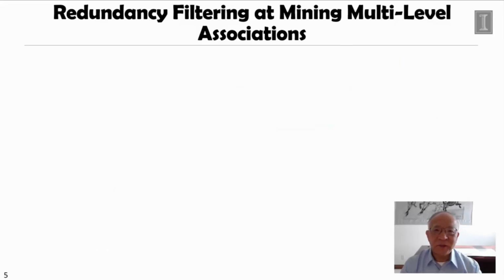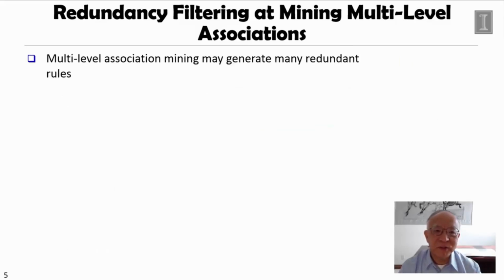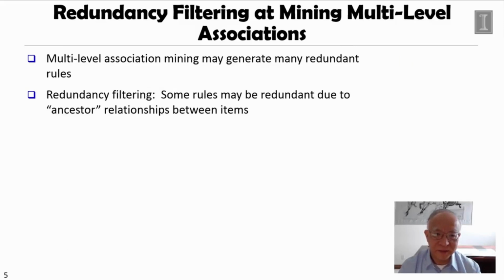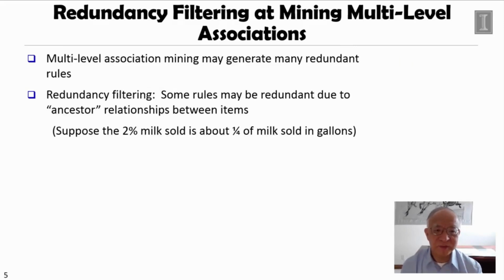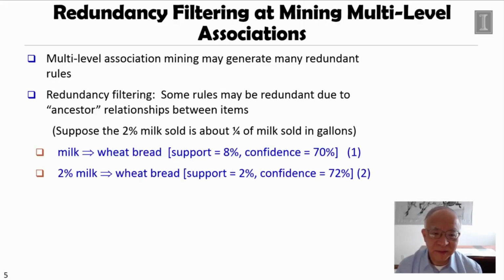So another problem for mining multi-level association rules is the redundancy, because the rules may have some hidden relationships. For example, suppose 2% milk sold is about 1/4 of total milk sold in gallons. Then, if you see these two rules, rule 1 says milk implies wheat bread with the support 8%, confidence 70%.